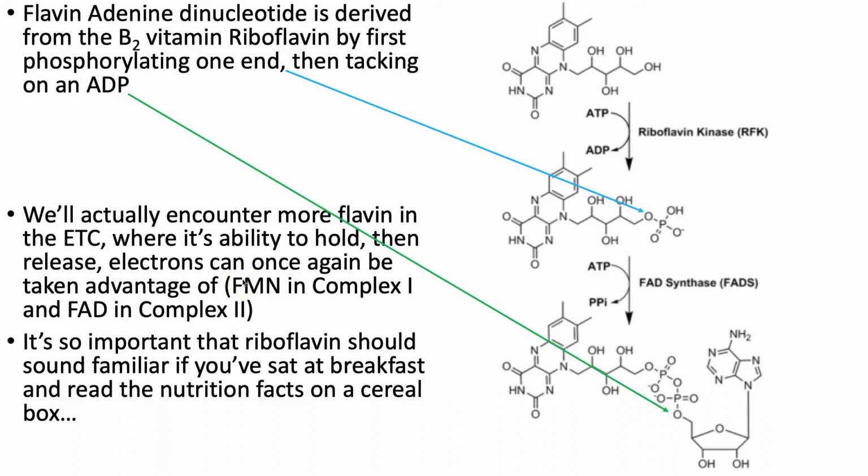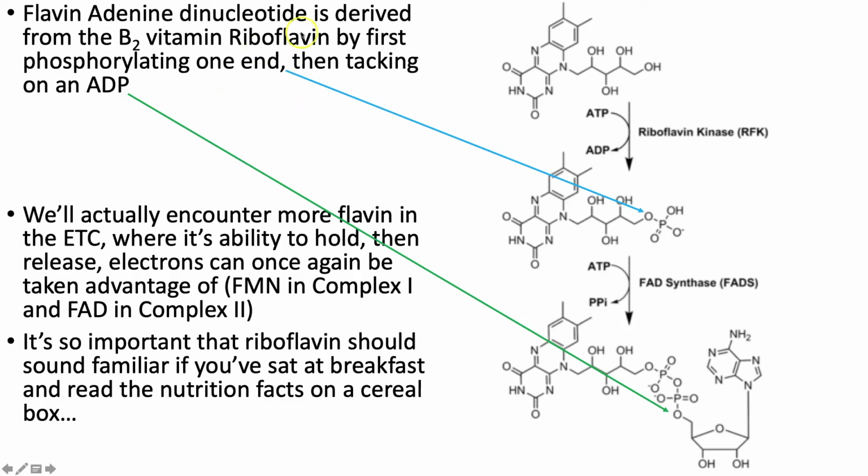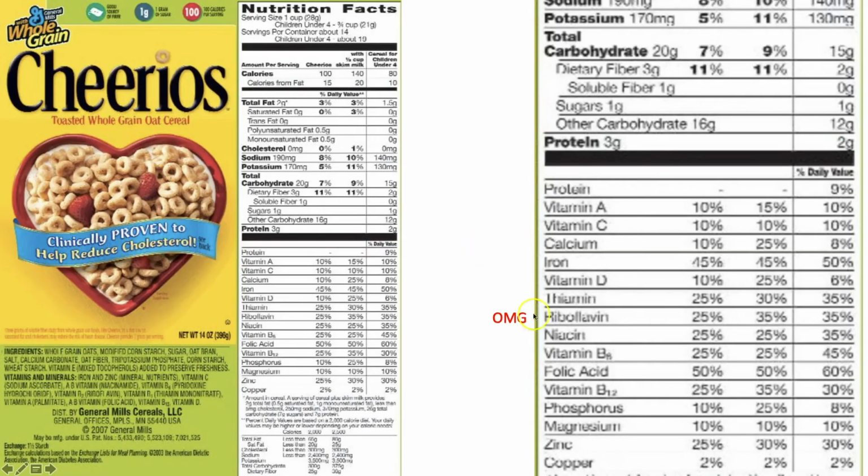And I always just like showing this. So if that sounds familiar, riboflavin is the precursor, that's B2 vitamin, it's called riboflavin. That's the precursor to FAD, right? Well, where have I seen that before? Well, if you're a kid and you're staring at the back of your cereal box, there's riboflavin. They put that in your cereal. Look at that right there.